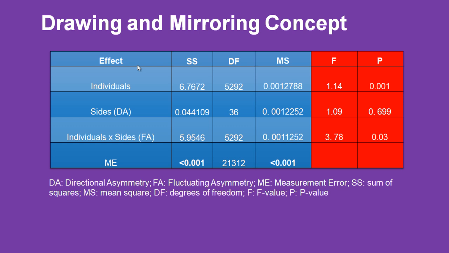All right, this first line here is called symmetry. It's called individual symmetry or individual variation, depending on what you want to call it. I'm just using those terms so you can understand what I'm talking about. This one is symmetric because it's significant.